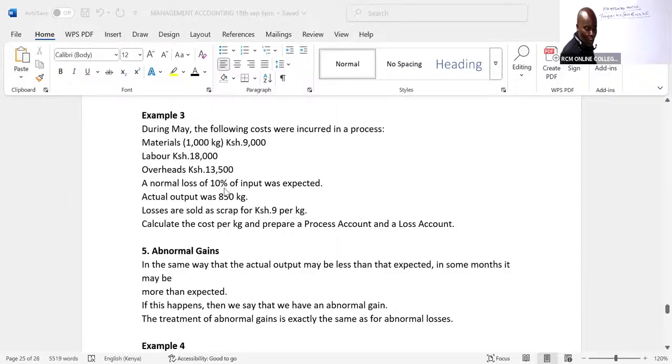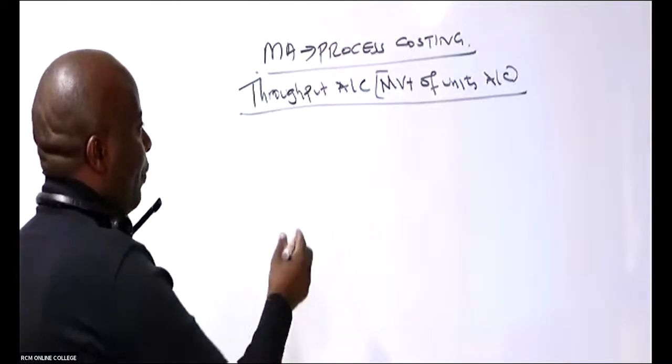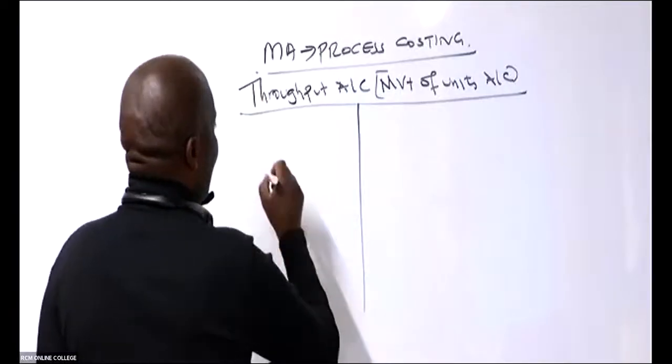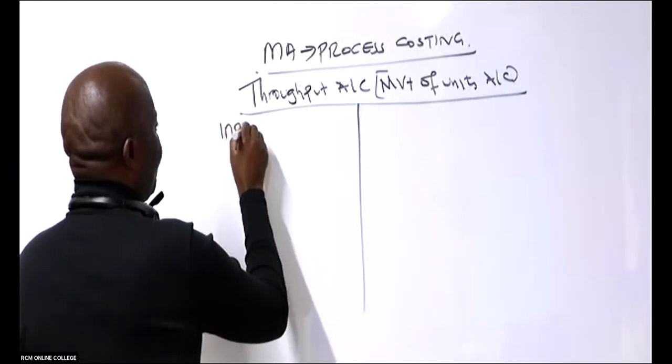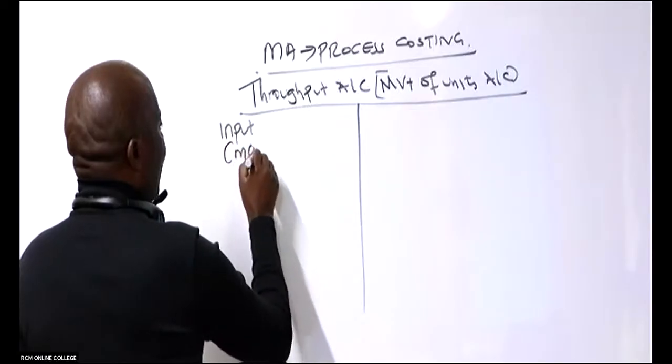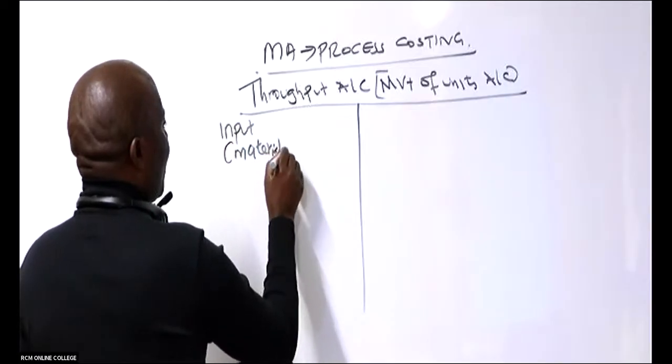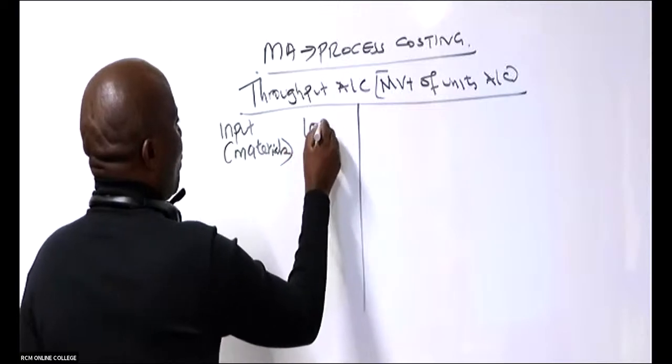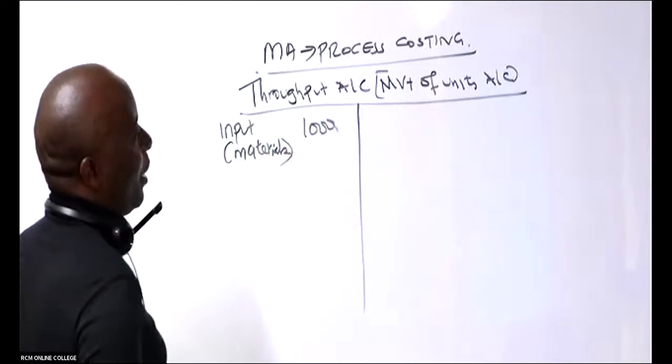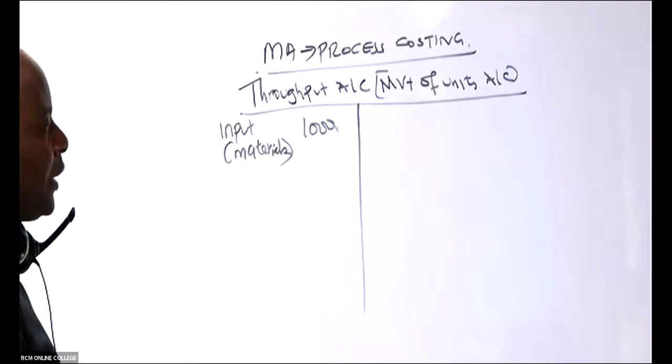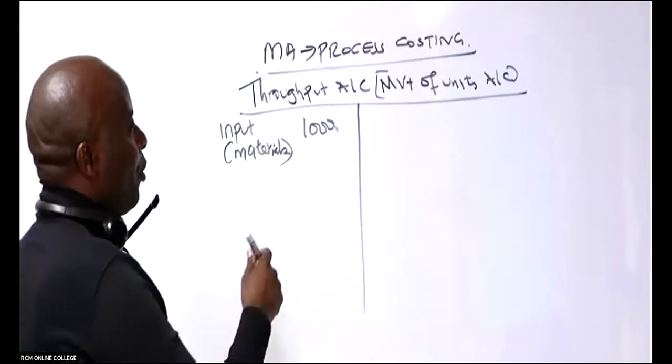And this is how it shall look. It's just a normal T account. So we have input in the form of materials, 1,000 kilograms being put in. And then, ladies and gentlemen, we have our normal loss.